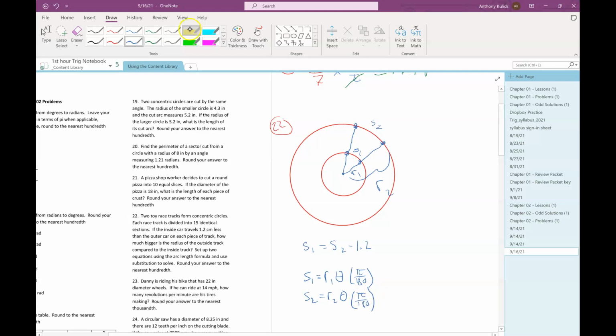The first order of business is to figure out this angle theta. It's nice that it's the same theta for each arc since the circles are concentric.